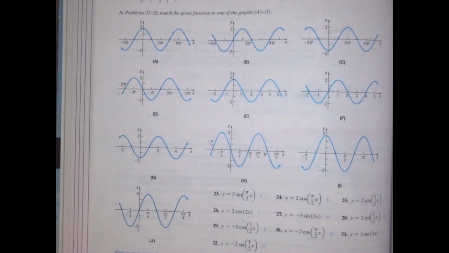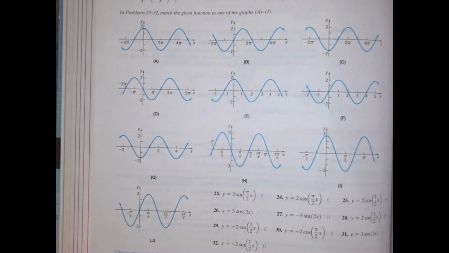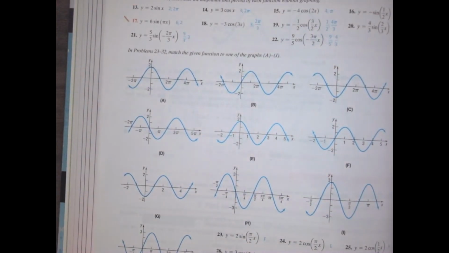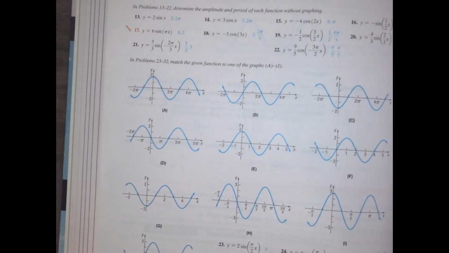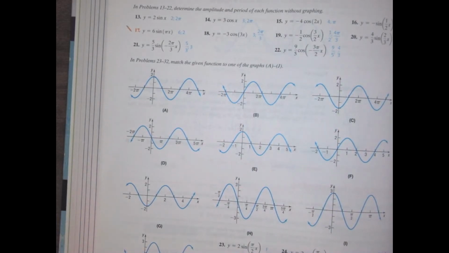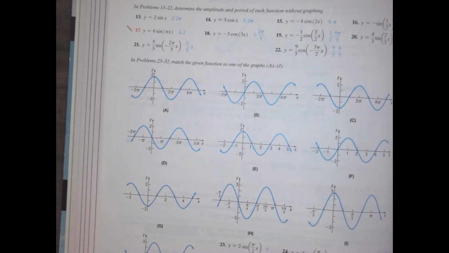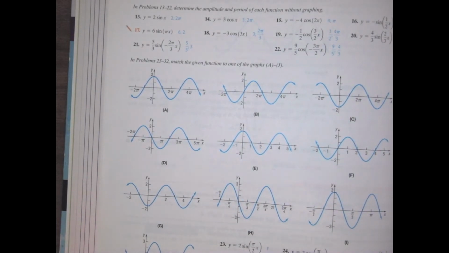Once again, the orientation is determined by how it starts. Is it at the middle, the maximum, or the minimum value? And if it's at the middle, is it going up or is it going down? And that'll tell you two things. It'll tell you whether the root function is a cosine or a sine, and then also whether it's positive or negative.